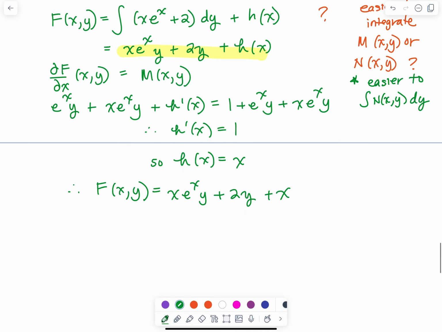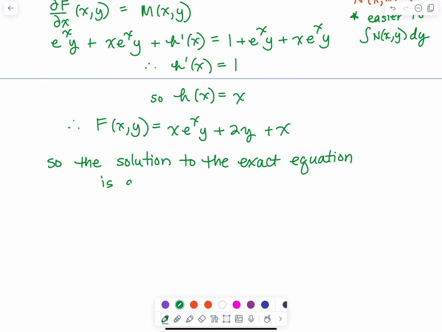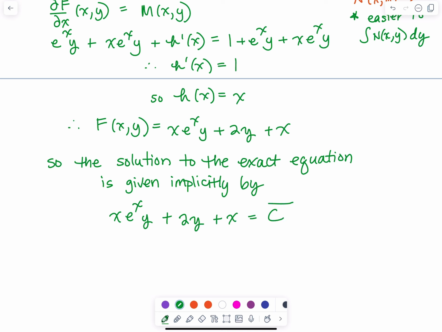And the solution to the exact equation is given implicitly by x e to the xy plus 2y plus x equals a constant.